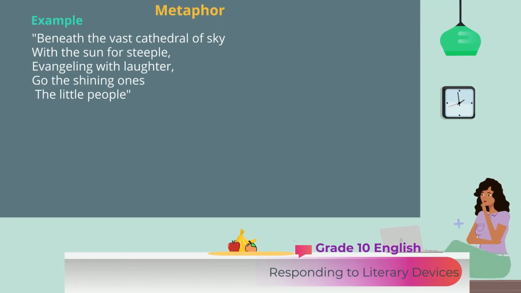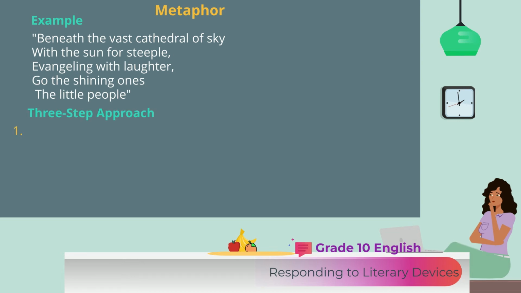Here is an example. Beneath the vast cathedral of sky, with the sun for steeple evangling with laughter, go the shining ones, the little people. Step 1. What is the metaphor here? The metaphor is the cathedral of sky. Step 2.